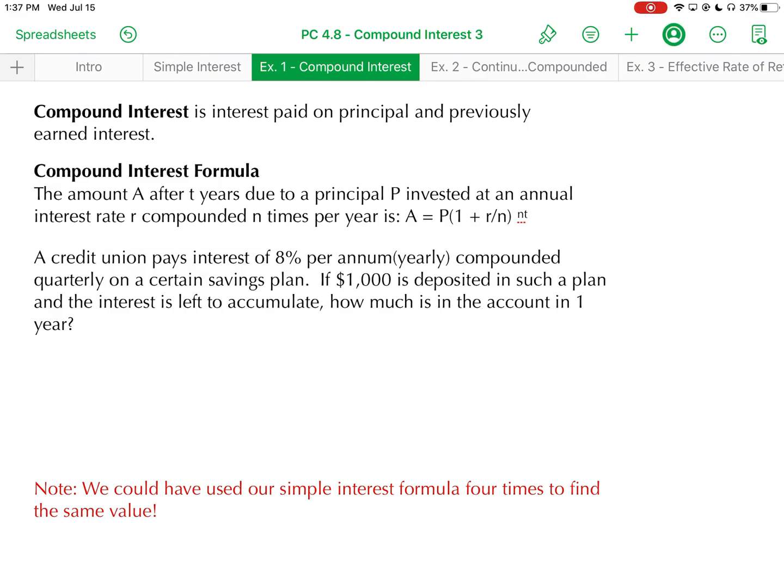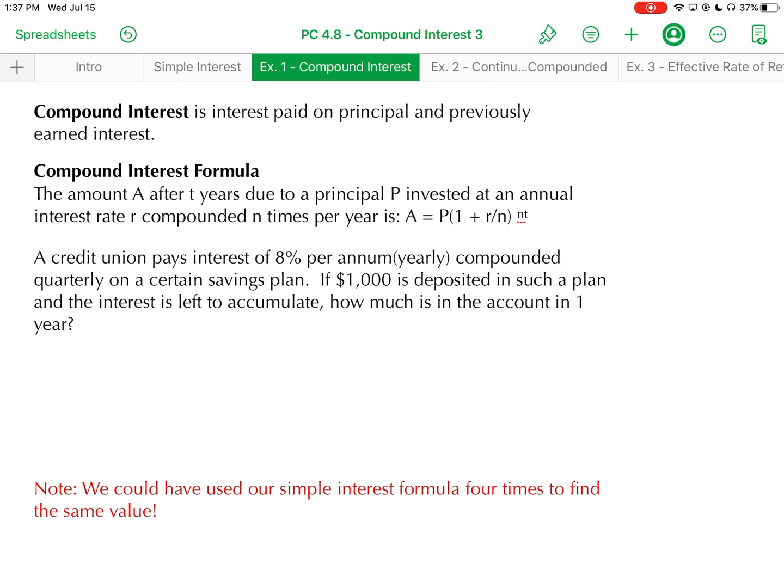We have a formula that we can use to find the value of an investment in a compounding scenario over a certain amount of time. So the amount of the investment would be A. It's going to be after T years due to a principal P invested at an annual interest rate R that's being compounded N times per year.